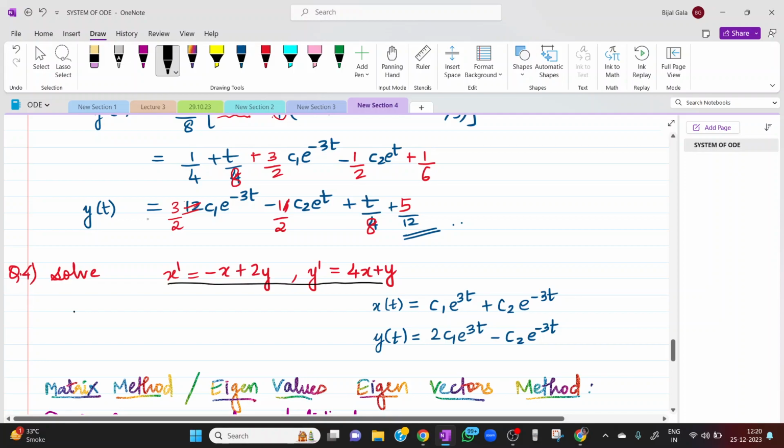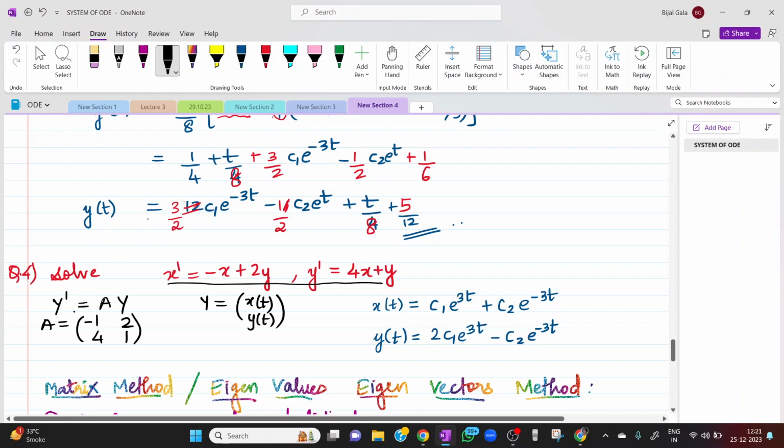I would say capital Y dash is equal to A times capital Y, where Y is X of t and Y of t. You have used a capital Y to denote X of t and Y of t. So my Y dash will be X dash and Y dash. My A over here would be minus 1, 2, 4 and 1. I hope this is clear.